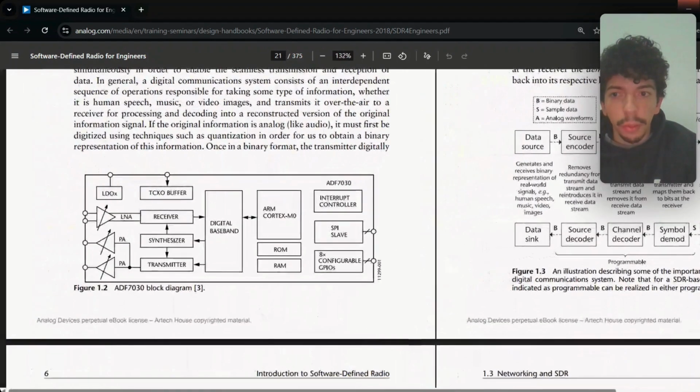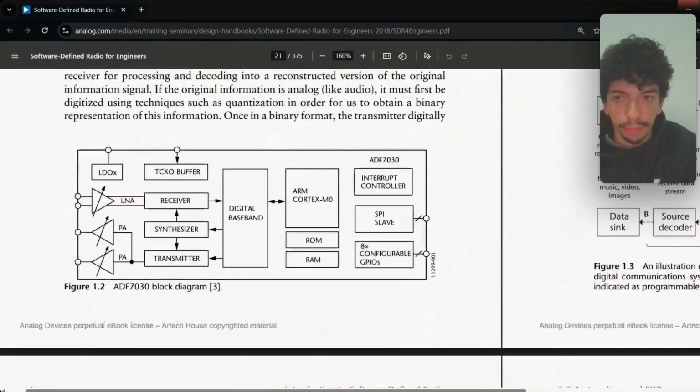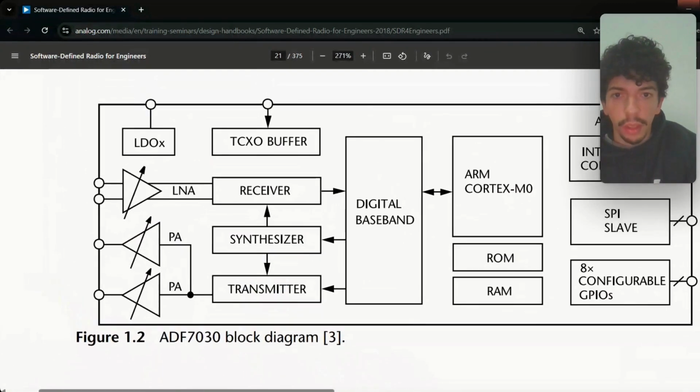In figure 1.2 we have a block diagram for the AD9361, 1713, and LDOX.